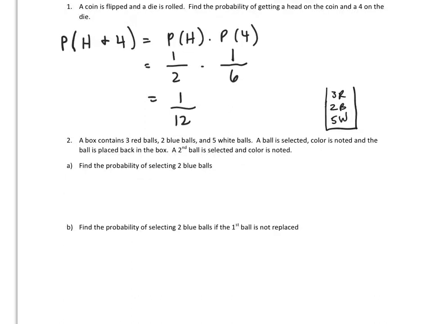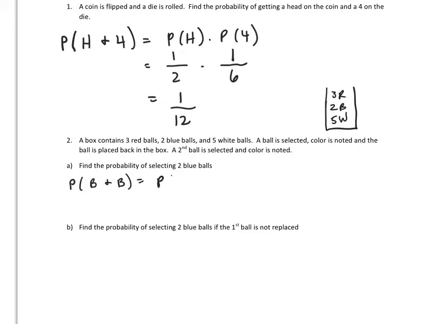Your probabilities are not going to change. In this part A, we're finding the probability of selecting 2 blue balls. So we're trying to find the probability of blue and blue. And they're independent because once again, you're putting that first blue ball back in the box. And so when you pull out that second blue ball, the probability will be the same.